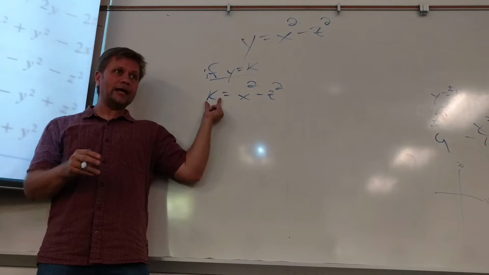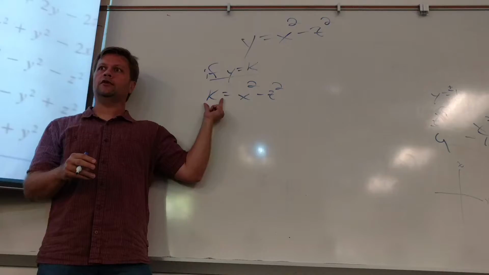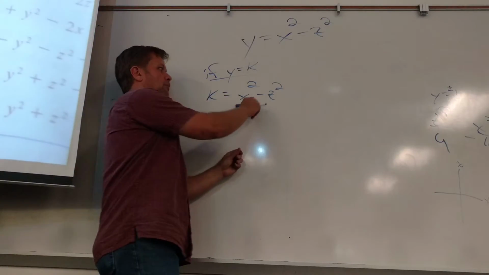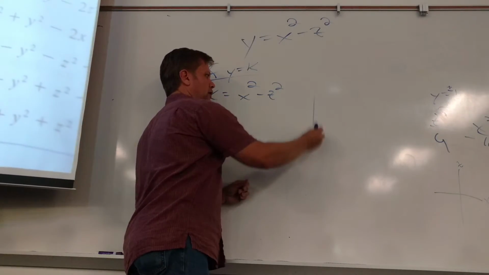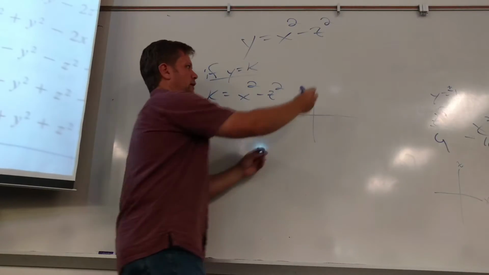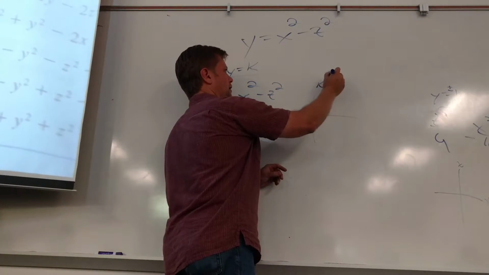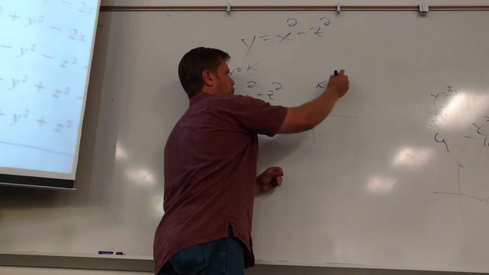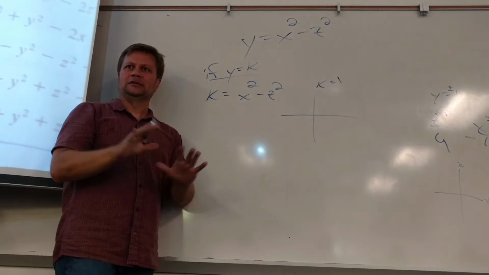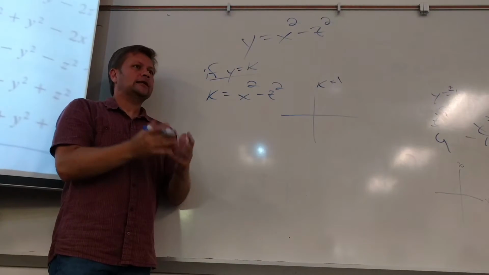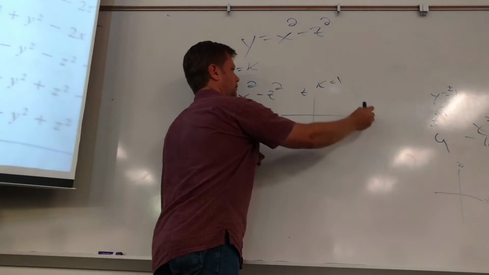And I can let k be negative. Now what happens if k is negative, though? So right now this is a hyperbola, and if I look in the XZ plane, for any specific value of k, let's make k equal to 1, just to make this nice, right? Which axis does this thing sit on?